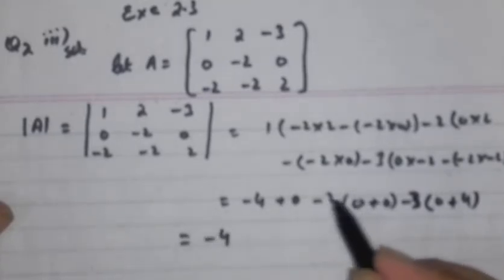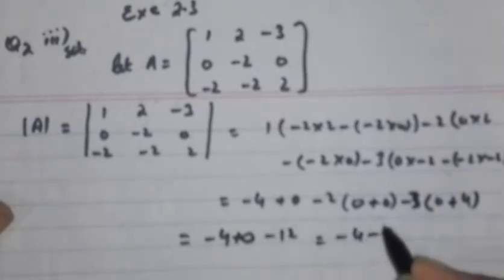Here 0 plus 0, 0. 0 into minus 2, 0, and here 4 3s are minus 12. Minus 4 minus 12 we get minus 16, not equal to 0.